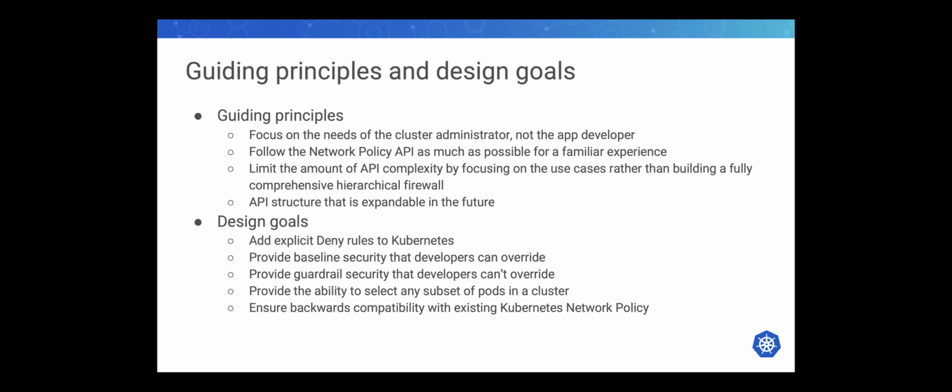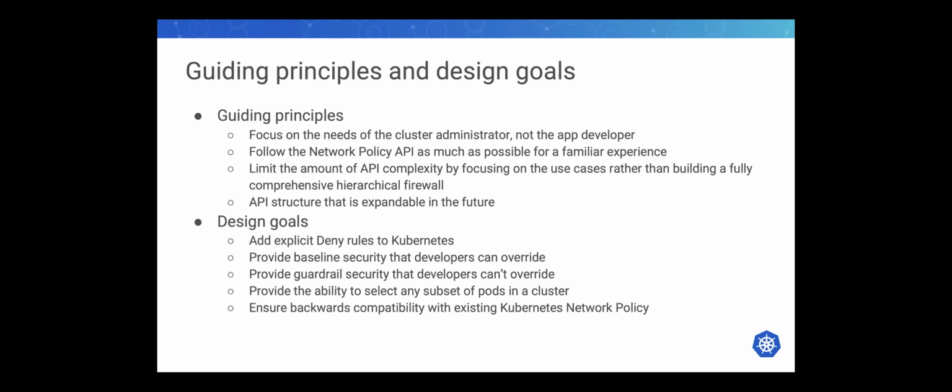We also want to ensure that we follow the network policy API as much as possible to give a familiar experience to users. Anyone who's used network policy APIs or written policies should not have a tough time writing cluster scope policies.